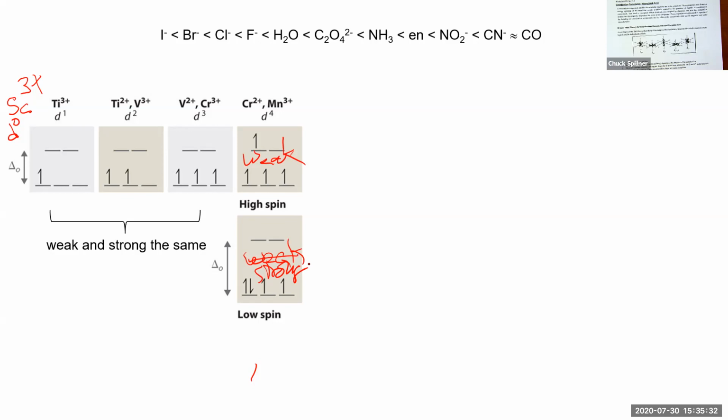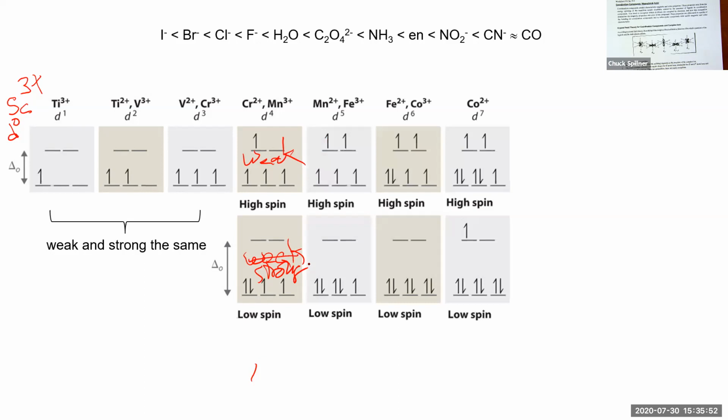So the weak field case, they go individually. The strong field case, they pair up, remember, in the lower energy orbitals first before they get promoted. So the strong field is called low spin, and the weak field is called high spin. And they're going to be different now as we go through.